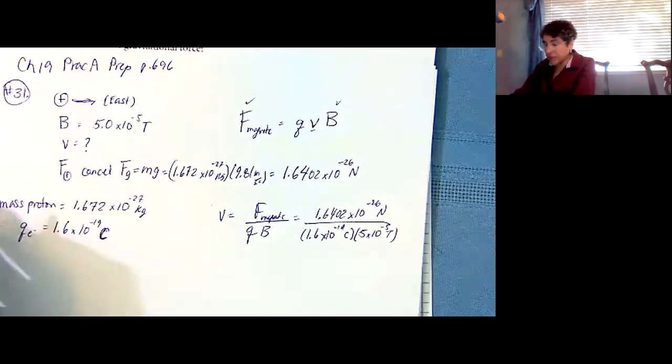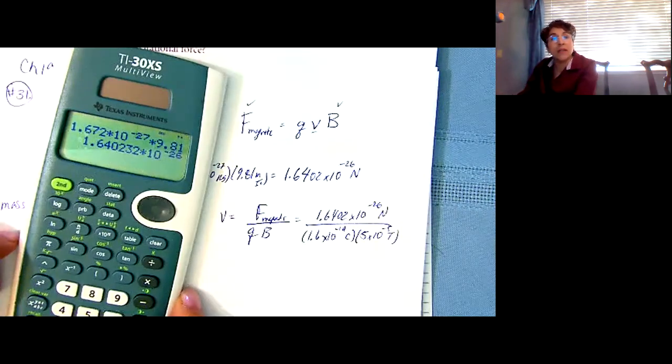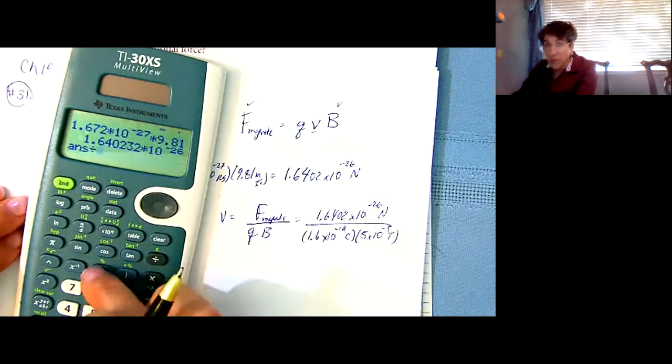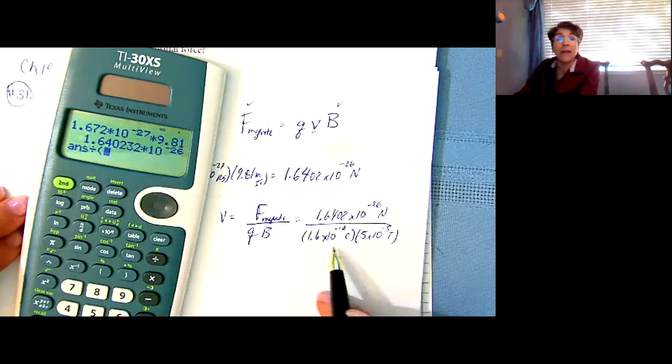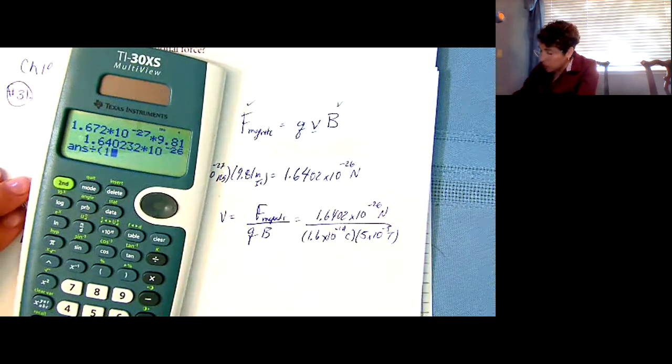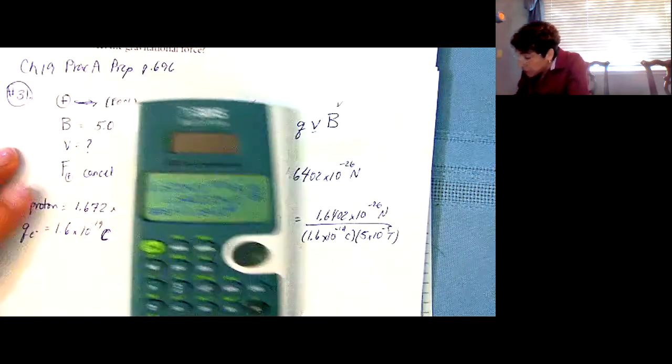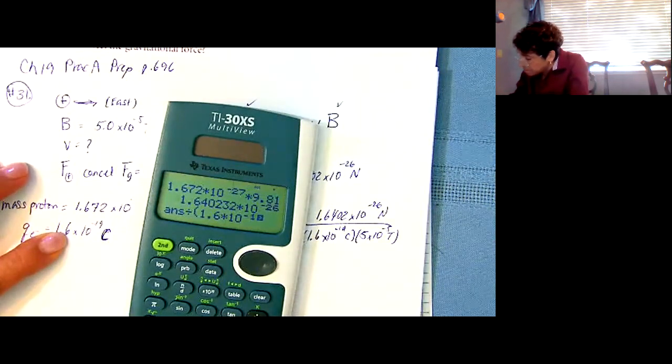All right, let's see, I've got this here already. So I'm going to divide this by, and I'm going to put these in parentheses to make sure that it divides by these guys multiplied. Here we go, 1.6 times 10 to the negative 19.